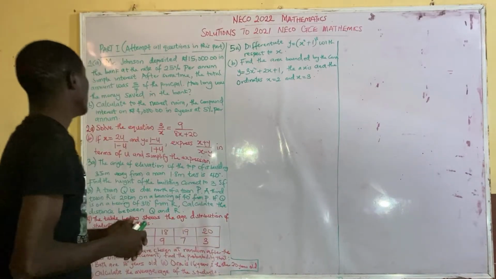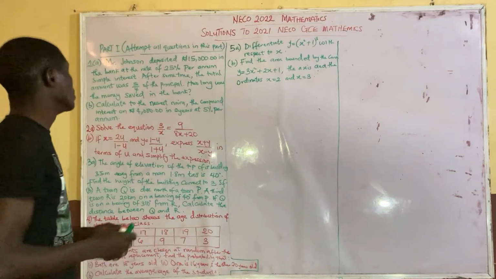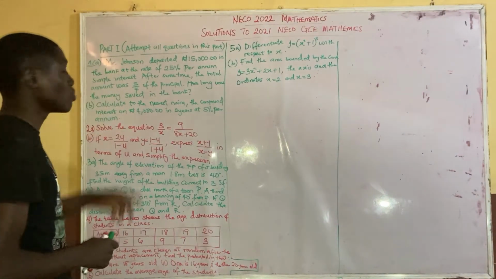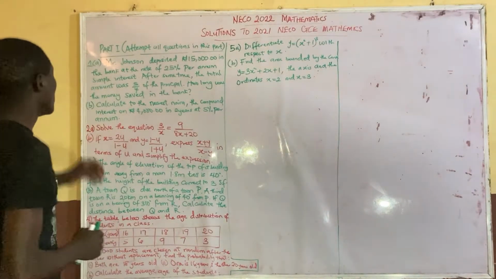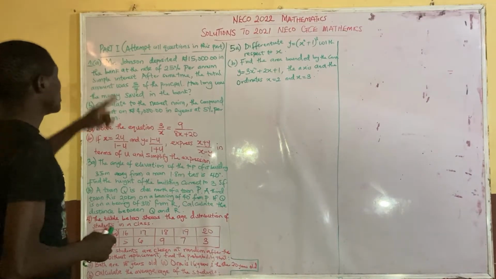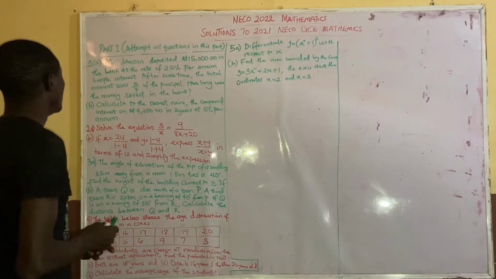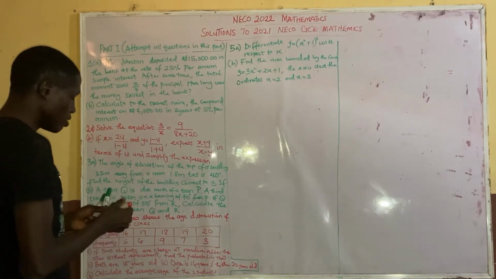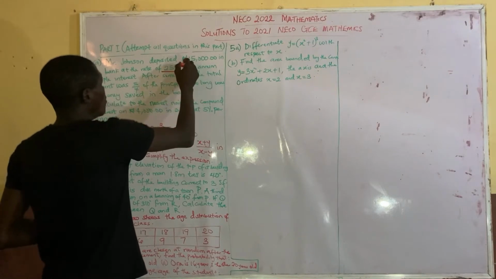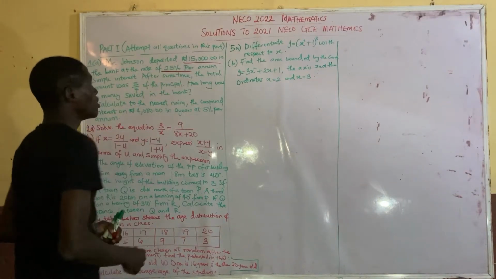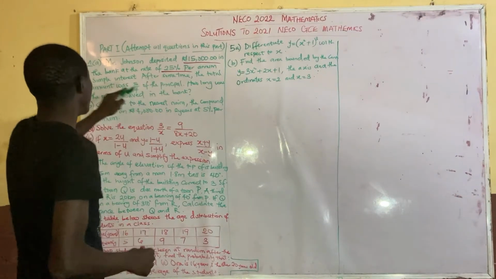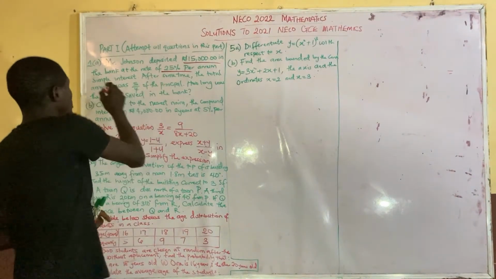Now here is the question before us, in Section A of the theory part, Part 1. Mr. Johnson deposited 15,000 naira in the bank at the rate of 25% per annum at simple interest.